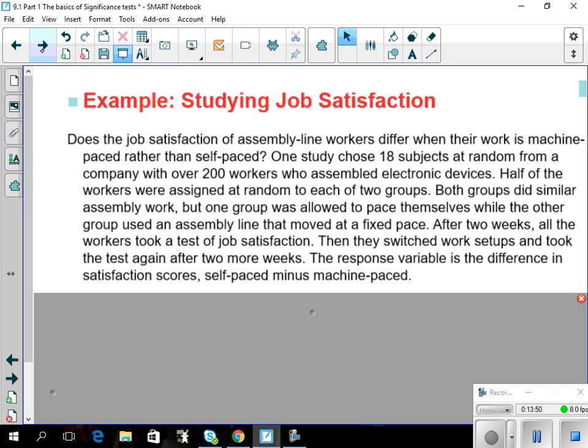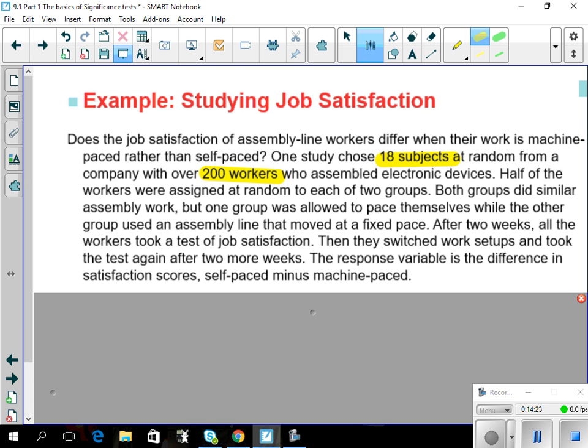All right. So let's try to see if we can get through a little bit of an example about writing hypotheses and see what we would come up with. We might have to come back to our p-value in next class. So, does job satisfaction of assembly line workers differ when their work is machine-paced rather than self-paced? So we're asking a question. Here's our context. Here we have one study, and we've chosen 18 subjects at random from a company with over 200 workers. So let's figure out what this means.